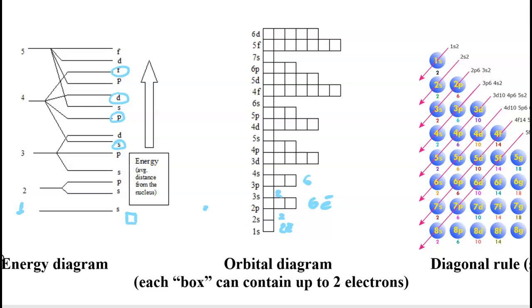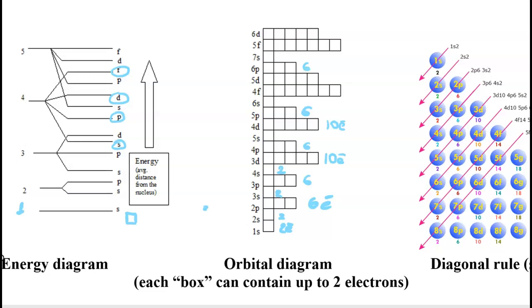For s, 2, the same. 3d, d has a place for 10 electrons, right? And you can see 3d or 4d, it will be 10 electrons. p, the same all the time: 4p, 6 electrons, 5p, 6 electrons, 6p, 6 electrons, and so on.